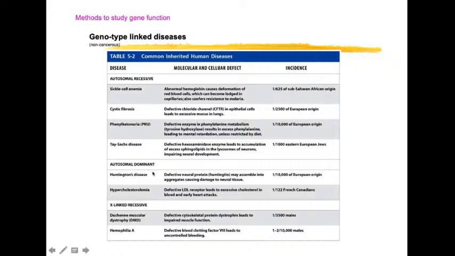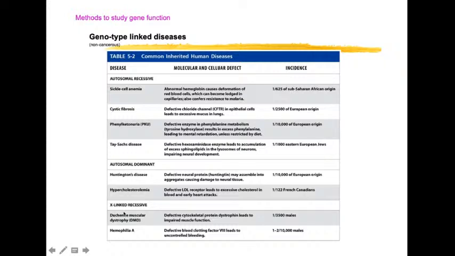Now autosomal dominant includes Huntington disease and hypercholesterolemia. In Huntington disease, a defective neural protein misassembles into aggregates and causes damage to neural tissues, whereas in hypercholesterolemia, a defective LDL receptor leads to excessive cholesterol in the blood and early heart attacks.